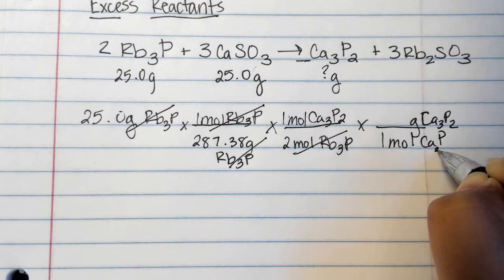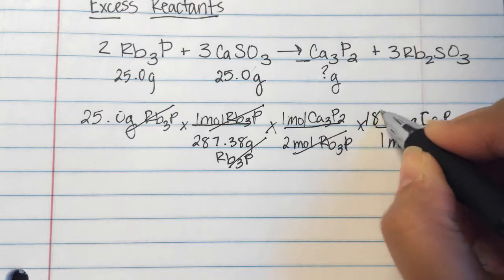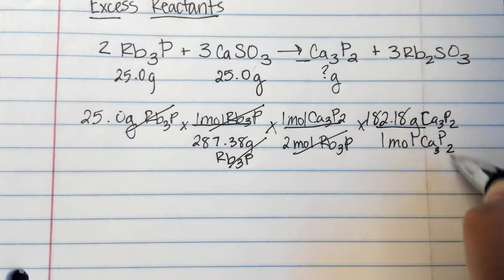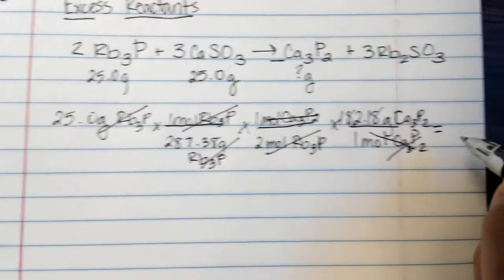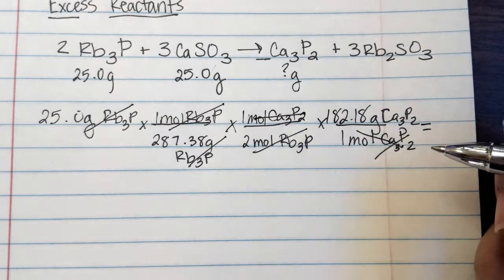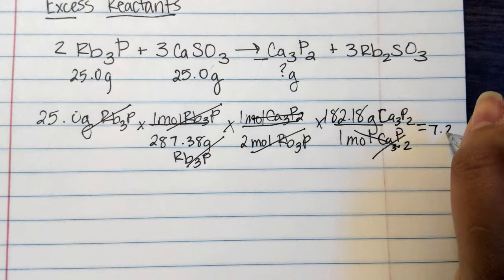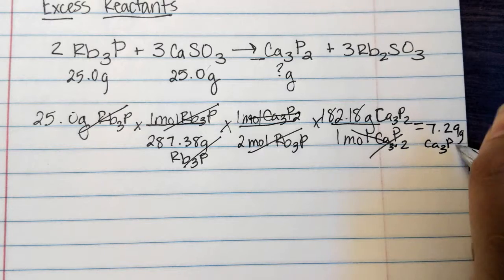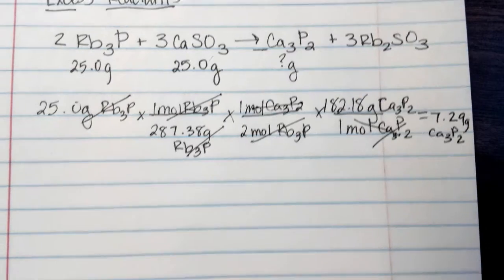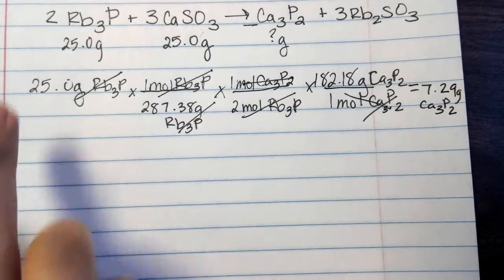And so I'm going to add this up from the periodic table, and I get 182.18. So moles cancel out. Right, and so with 25 grams of rubidium phosphide, I can make 7.29 grams of calcium phosphide. Okay, and so that's one amount that can be made from this reactant.